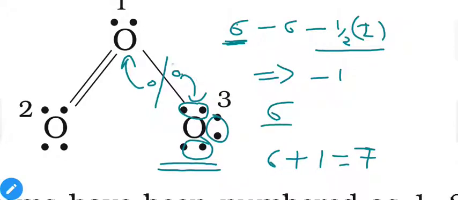So 6 in the free state, 7 in the molecular state. That means minus 1 charge. In a simple way, we can say that the third oxygen gains an extra electron during bond formation. The first oxygen loses 1 electron during bond formation, and for the second oxygen, nothing is gained, nothing is lost. That's why it will remain neutral.